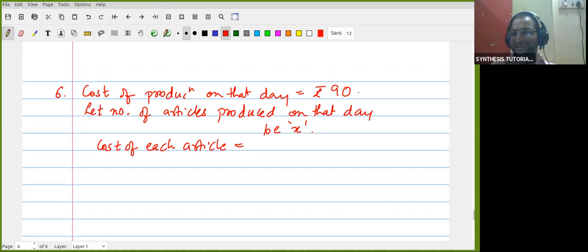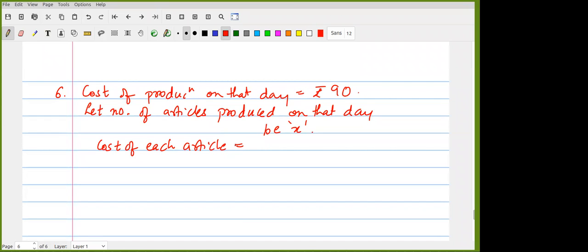They've given a very interesting statement there. The cost of production of each article was 3 more, it is 3 more than twice the number of articles produced on that day. What does this mean? 2x plus 3. All of you agree?